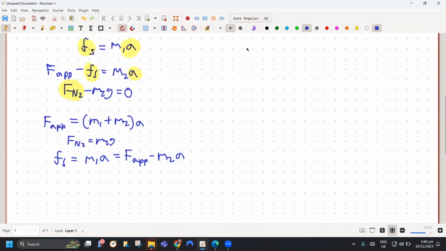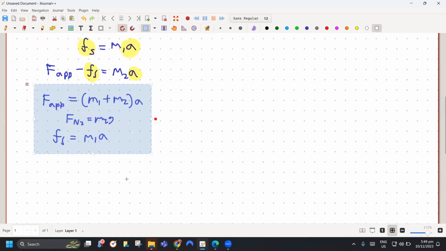Delete the third equation first because we don't need it. So Fs equals M1A, and F applied minus Fs equals M2A. Now, the goal: you have two equations with two unknowns. The unknowns are A and Fs. How do you solve a system of equations like that?